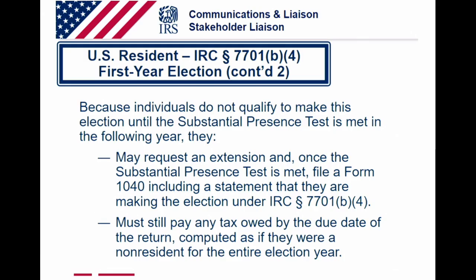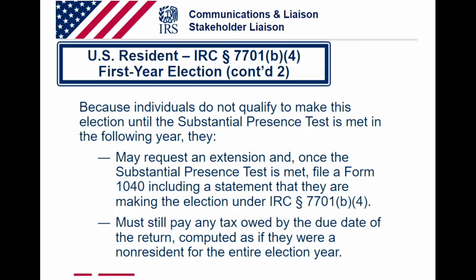Again, an individual electing to be treated as a dual status, in other words, electing to be treated as a U.S. resident for the latter part of the year, must wait until they have met the substantial presence test in the following year.